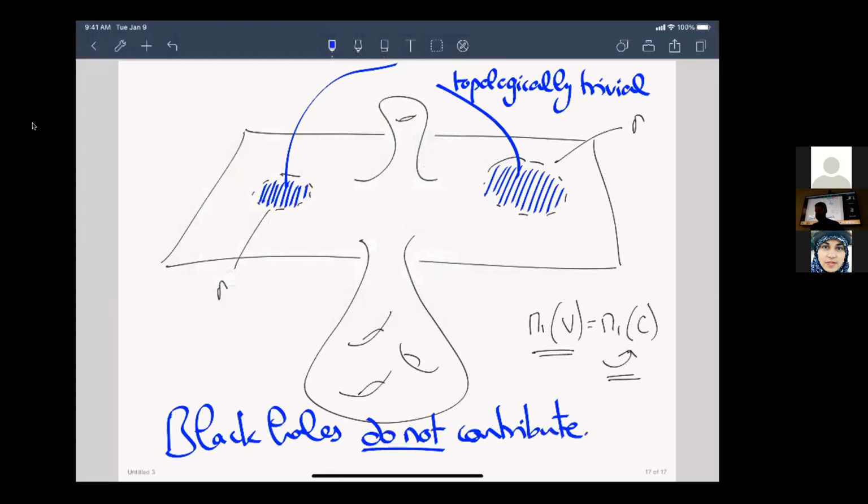In other words, if there's topology in the universe, it's there in the Cauchy surface for the universe. It may end up leading to collapse into a black hole, whatever, but so long as the black holes are isolated from one another, and you can draw these big S2s that delineate the boundary of interest and that bound this gravitationally isolated system, then the blue regions are indeed topologically trivial.